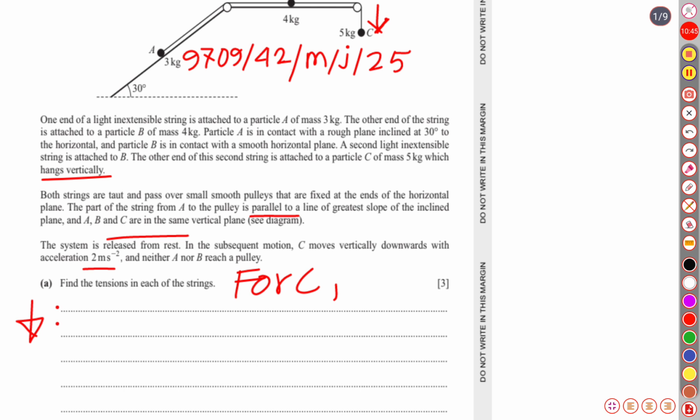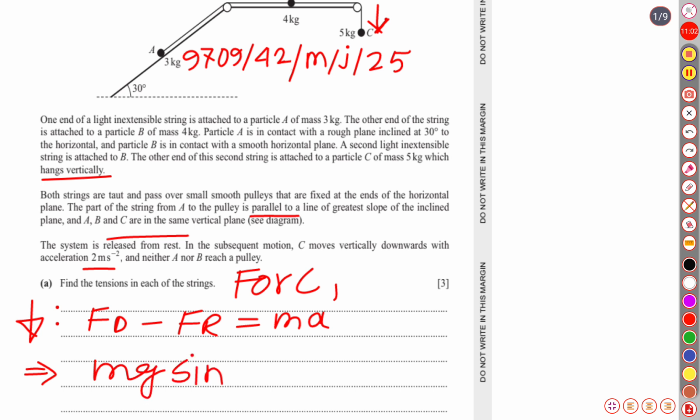So our concept is driving force minus resistance to motion is equal to mass into acceleration. Well, driving force is nothing but weight. Weight is mg sine 90 degree, or you can call cos 0 degree, minus resistance to motion is the tension in the string BC.